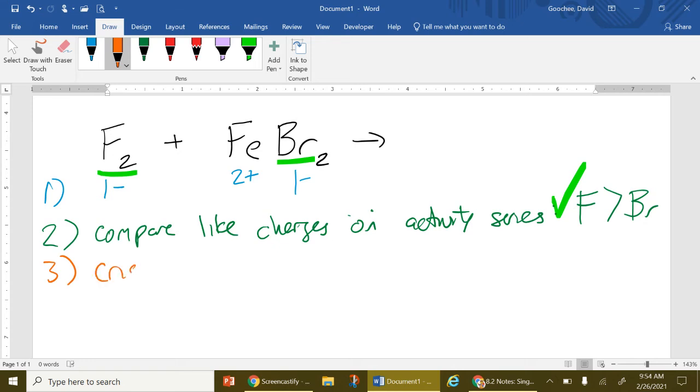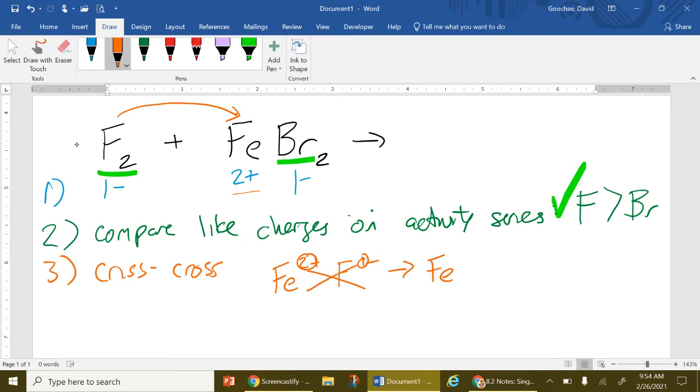All right, next step, we crisscross. We are going to combine fluorine with the oppositely charged ion that it's now going to be partnered with. Iron is 2+ here. Fluorine is 1-. And so we crisscross, and we get Fe1, F2.